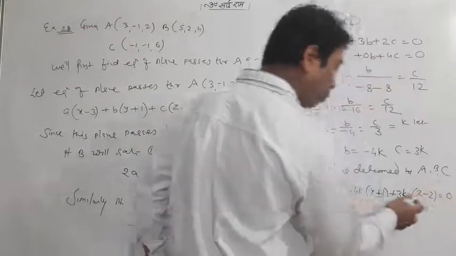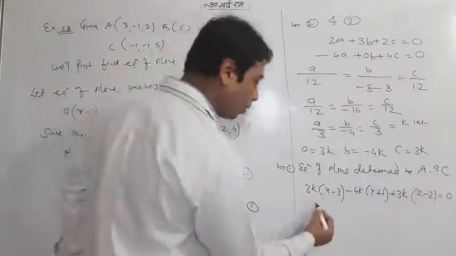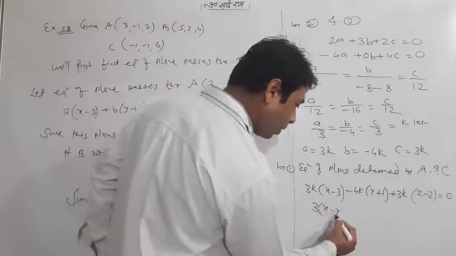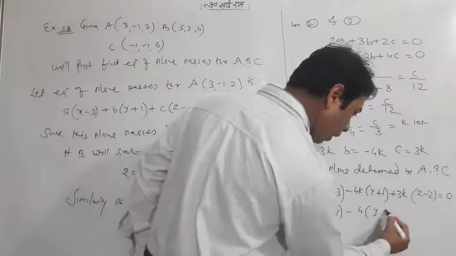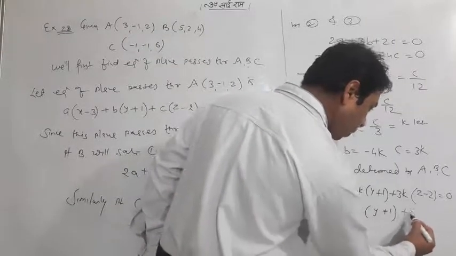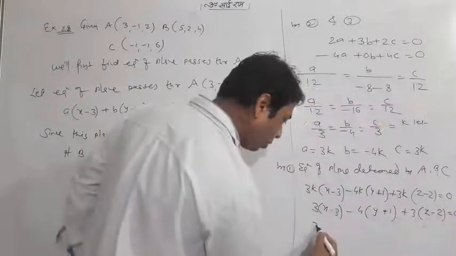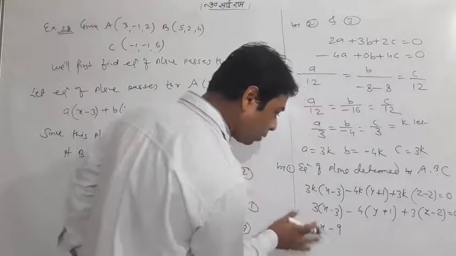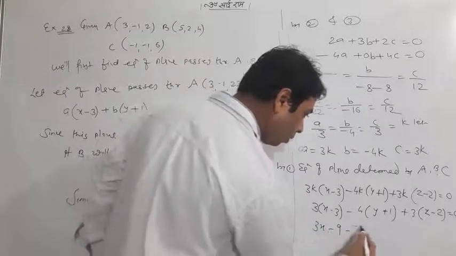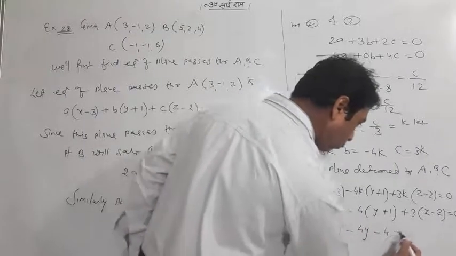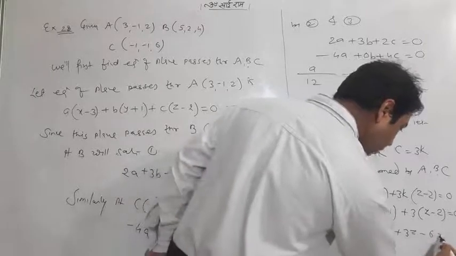Now can you remove the k? Divide by k in the whole equation: 3(x minus 3) minus 4(y plus 1) plus 3(z minus 2) is equal to 0. Multiplying out: 3x minus 9 minus 4y minus 4, plus 3z minus 6 is equal to 0.